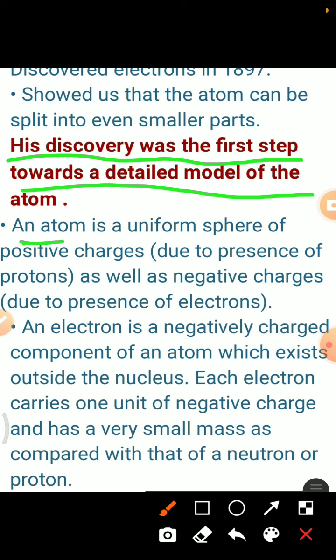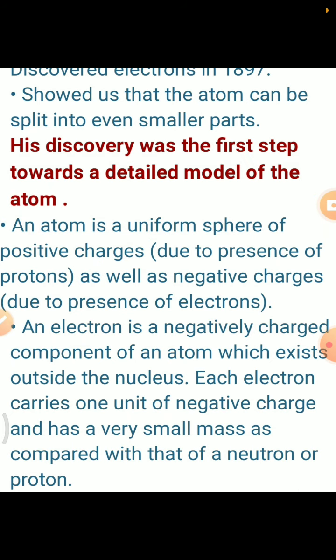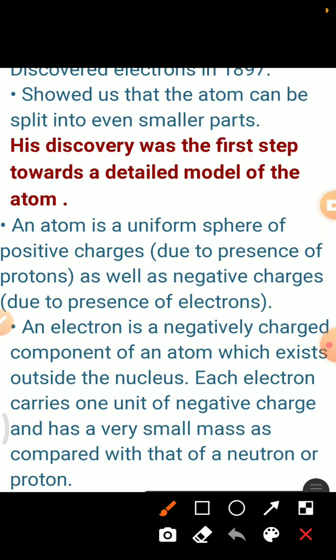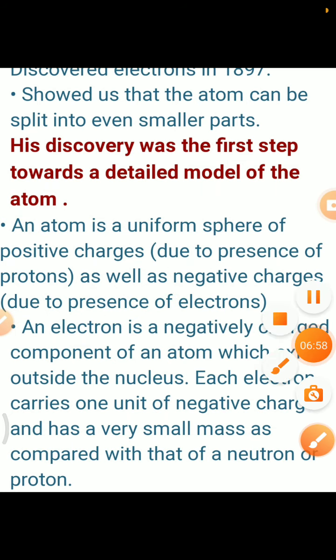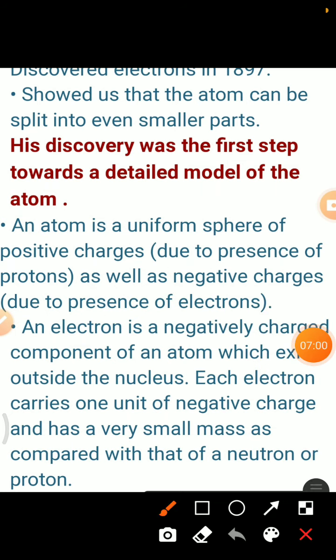An atom is a uniform sphere of positive charge due to the presence of protons, as well as negative charges due to the presence of electrons. Through this statement we got to know something very important, that protons are positive and electrons are negative in nature. And the next is what happens when these both are combined.